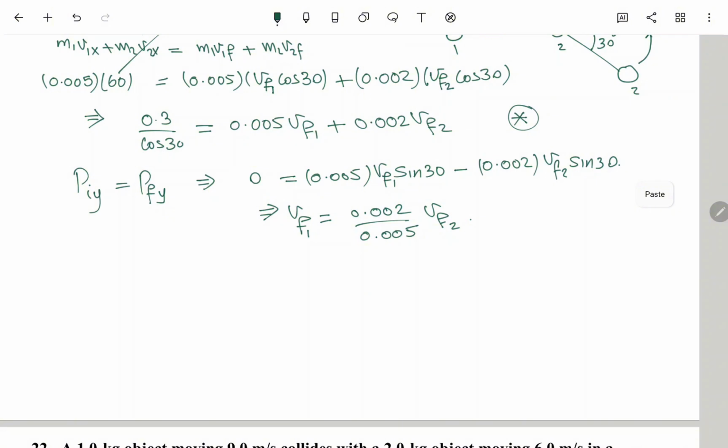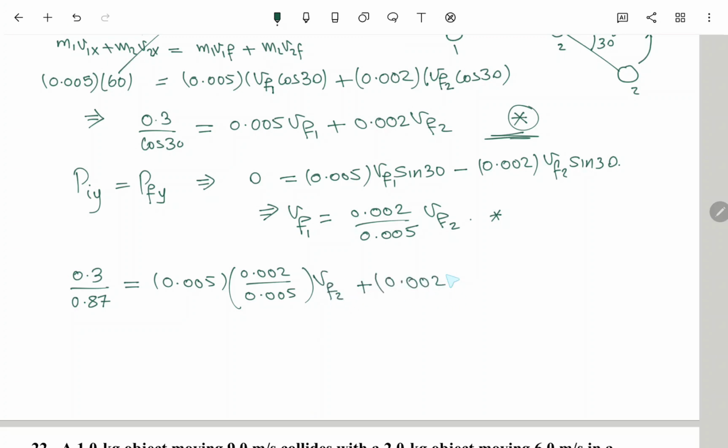Now if we substitute this back in this equation right here, you will get 0.3 divided by 0.87 equals 0.005 times 0.002 divided by 0.005 v2 final plus 0.002 v2 final.